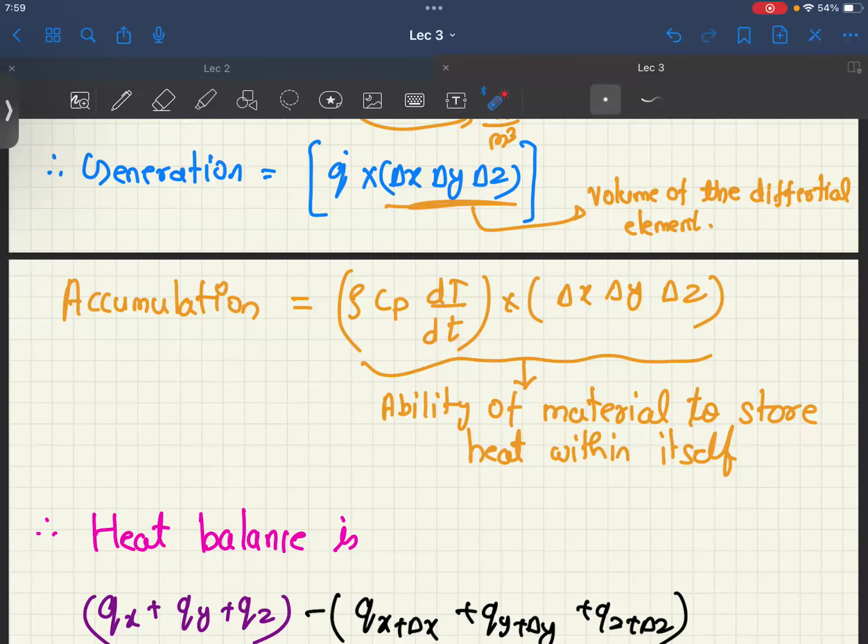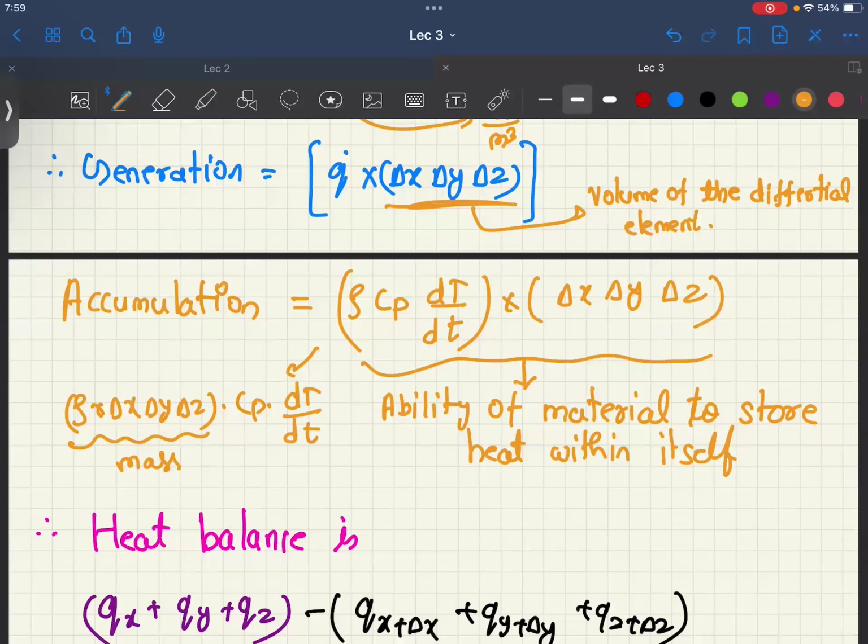Okay, so actually the way you should look at it is ये जो rho multiplied by volume, तो इसको ऐसे देखो तुम कि rho multiplied by delta x delta y delta z multiplied by cp into dT by dt। तो ये क्या है? ये क्या है? This is density multiplied by volume, मतलब ये क्या है? मास। Essentially this is nothing but mass. So m into cp into dT by dt, right?